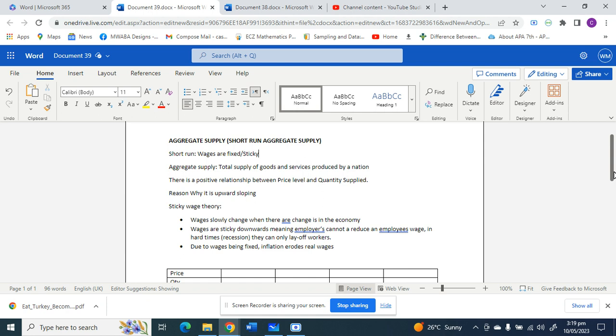One thing you must realize is that when we say wages are sticky downwards, it means your employer cannot reduce your wages or your salaries. If the economy is undergoing a recession, what they can do is just lay you off, but they cannot reduce your salary.